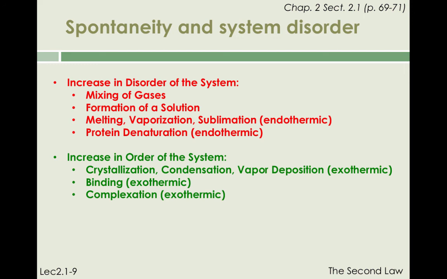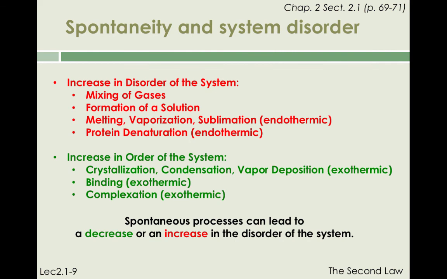Binding and complexation are other examples of processes with similar characteristics. So, focusing only on the change in the level of disorder of the system will not allow us to account for the spontaneity of a process. Indeed, the examples considered above indicate that spontaneous processes can lead to an increase or a decrease in the disorder of the system.